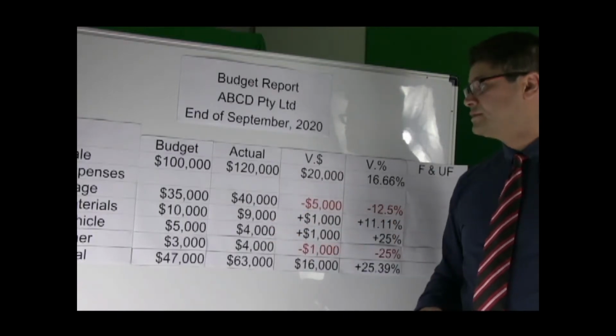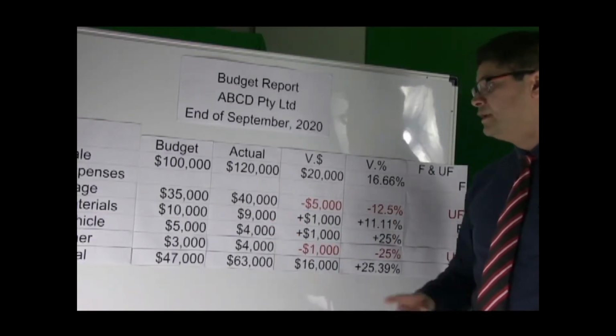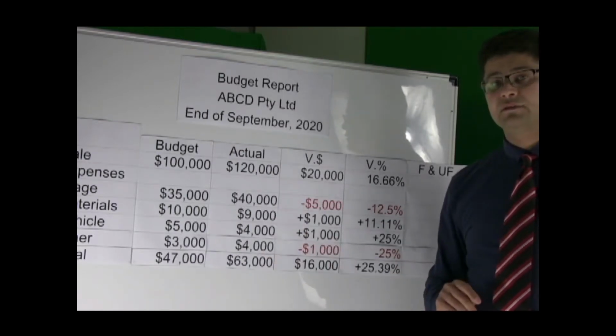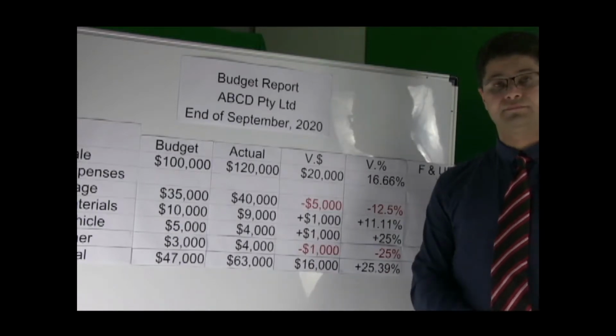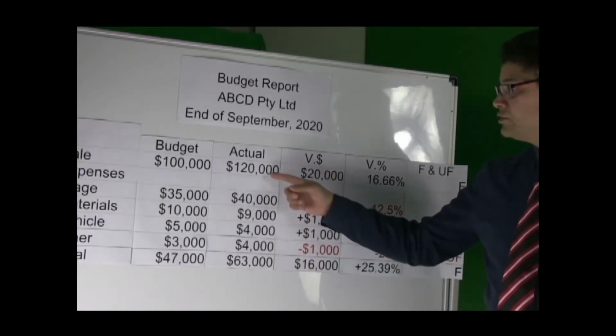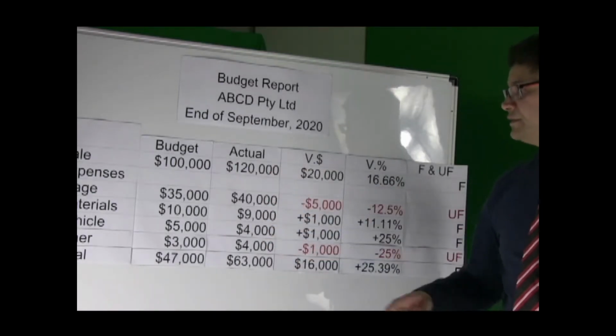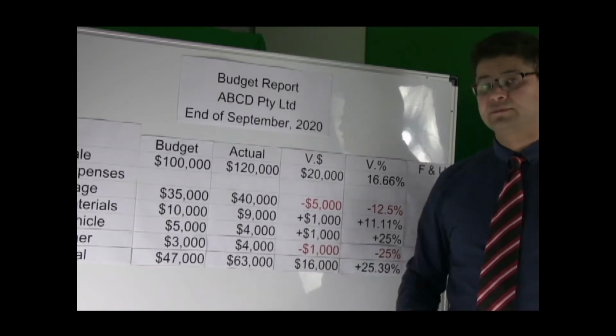Your vehicle cost turned out to be $4,000, not $5,000. And other costs turned out to be $4,000. The difference between total expenses and your sales is $63,000 as your net profit.